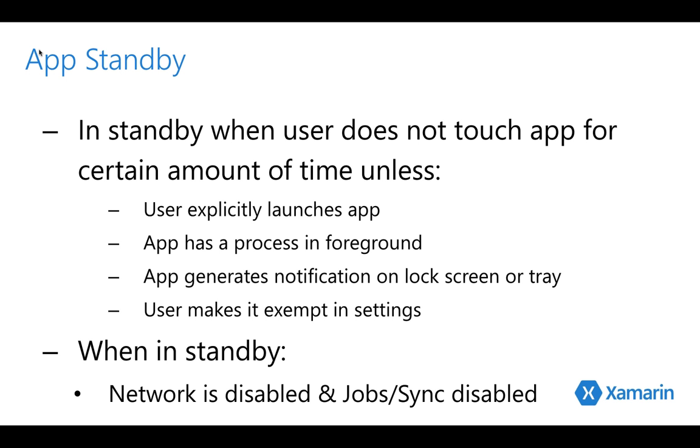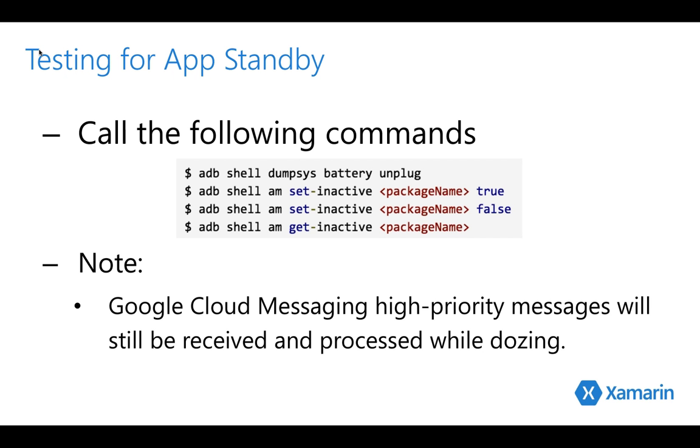Currently, I have a Google Doc open that's just sitting here, and it's saying for a certain amount of time, if the user didn't explicitly launch the app, or there's not a process in the foreground, or there are no notifications on the lock screen tray, or nothing really happening, so it's a very minimum amount that this could happen, I think. Essentially it does a few things: let's turn off network and let's turn off job and syncing of that application. So this could be just an application that accidentally sits around with the screen on for some amount of time.